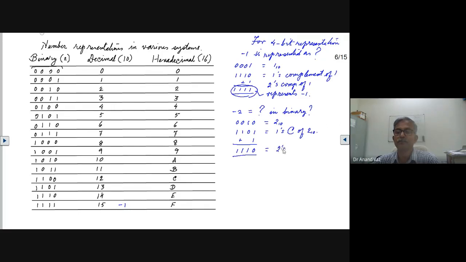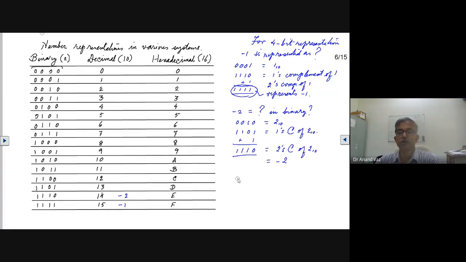The 2's complement is actually also representing minus 2. And you can see the pattern here is 1 1 1 0. So this is actually minus 2.